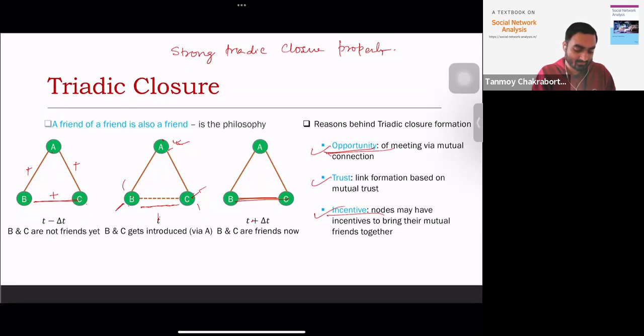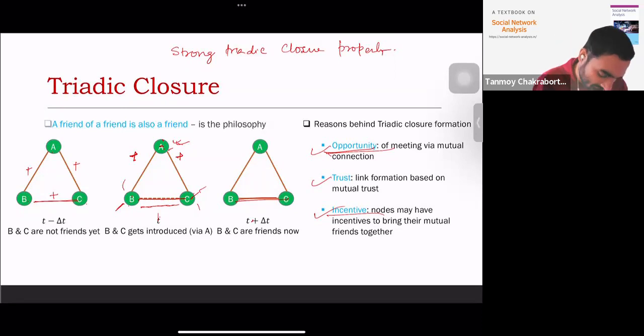If B and C have a mutual friend A, and B and C are both strongly connected with A, what would happen at t plus delta t is that at least a weak connection will be formed between B and C, if not a strong connection.